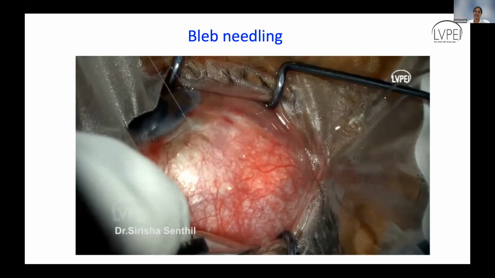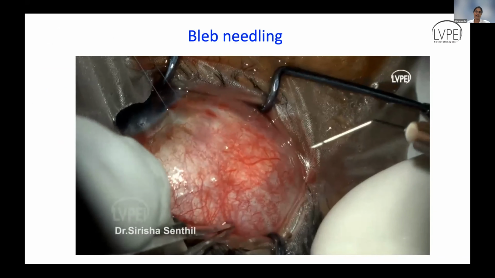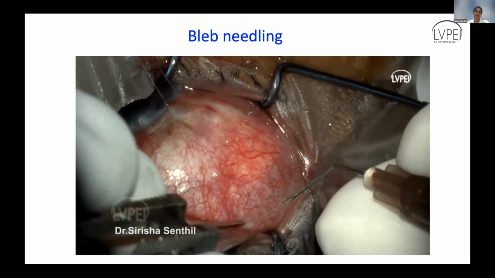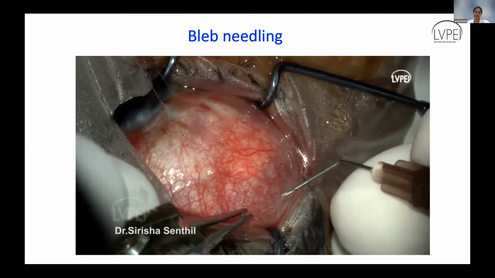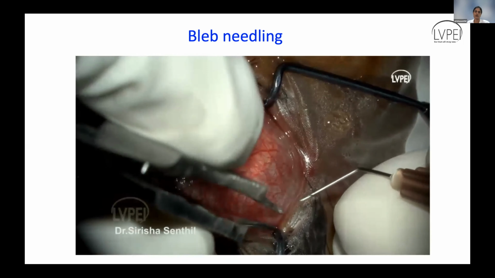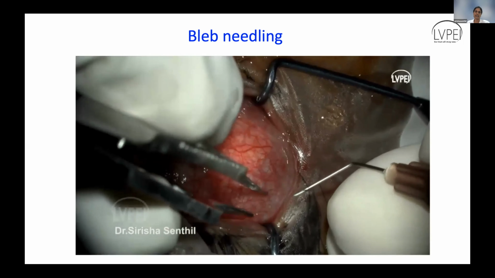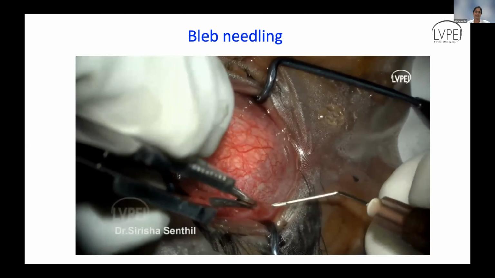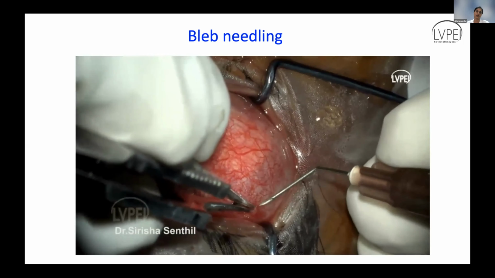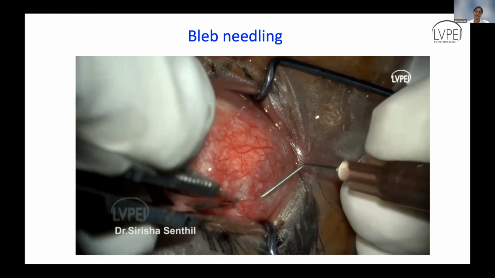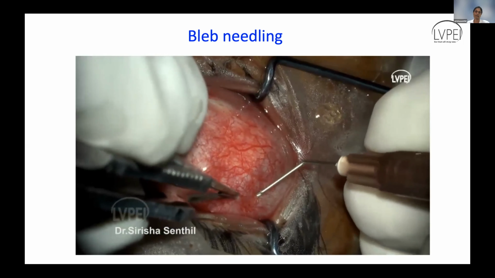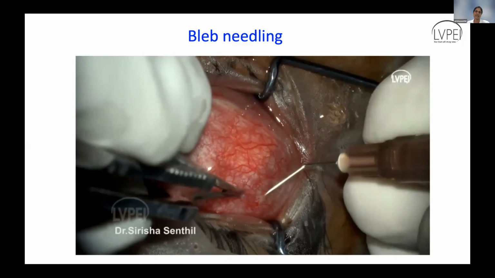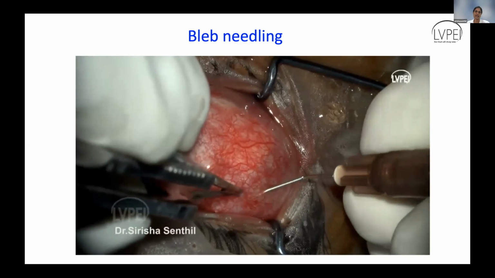So what can be done when the hypertensive phase has already developed, the pressures are not coming down, and you have tried everything? If it is medically controlled, it's fine, otherwise what else? So we can do a bleb needling, the way we do for a trabeculectomy. I usually do it on the nasal side, because on the temporal side, although the access may be slightly easier, the conjunctiva is slightly thinner, so I generally don't want to expose the area where I'm doing a needling or the entry part temporally.